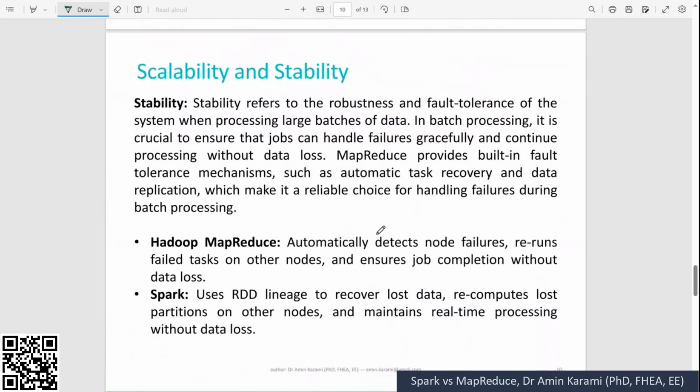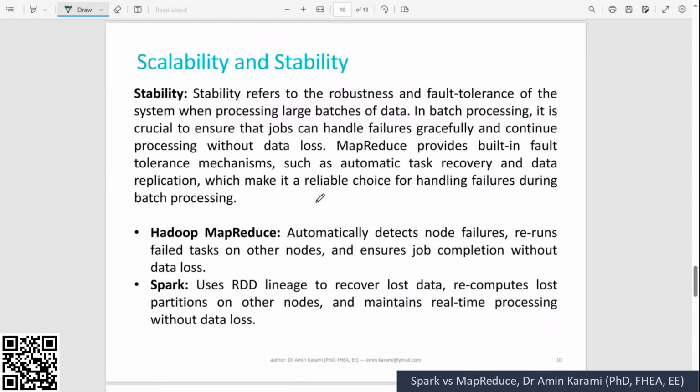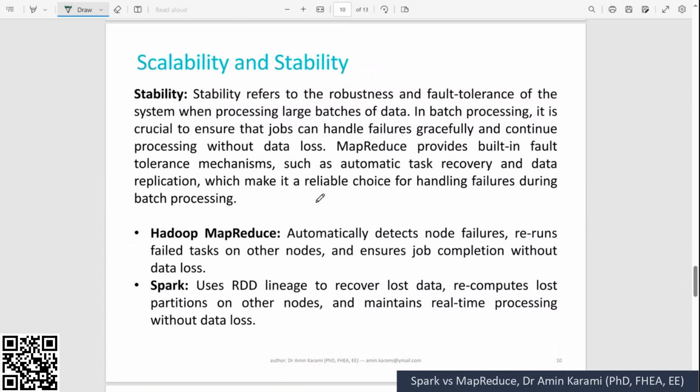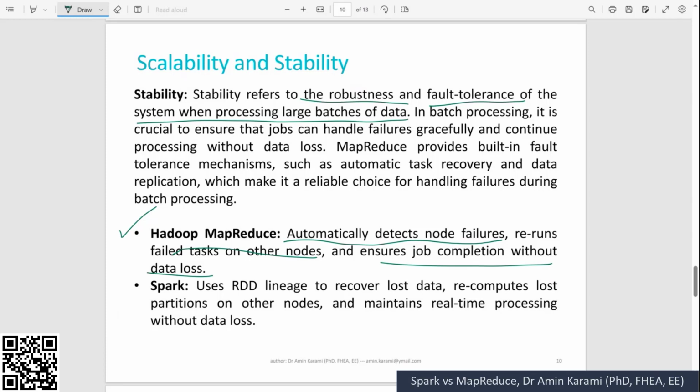About stability, again, both can provide stability. Stability refers to the robustness and fault tolerance of the system when processing large batches of data. How does Hadoop do it? Hadoop automatically detects node failure, reruns failed tasks on other nodes, and ensures job completion without data loss.